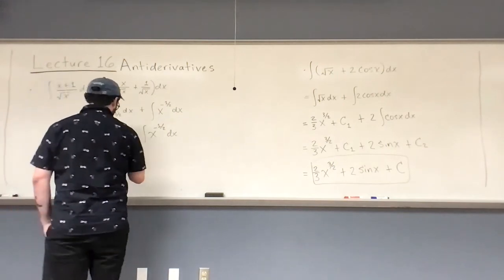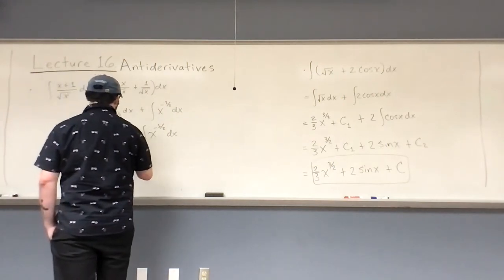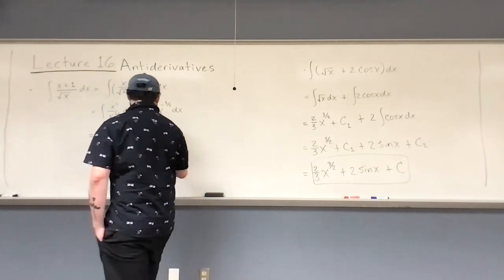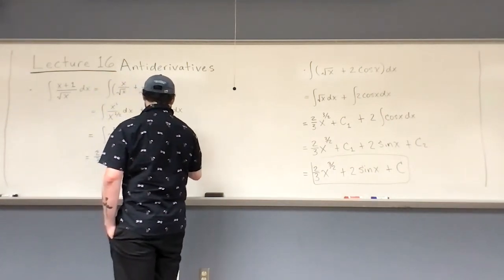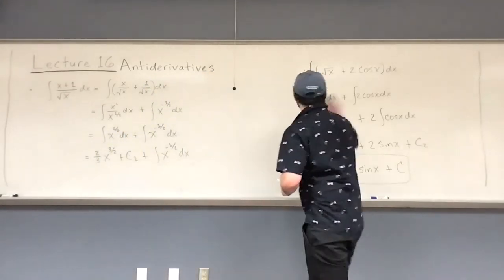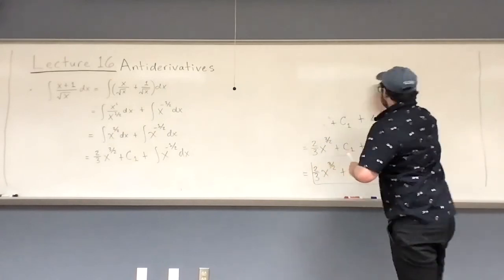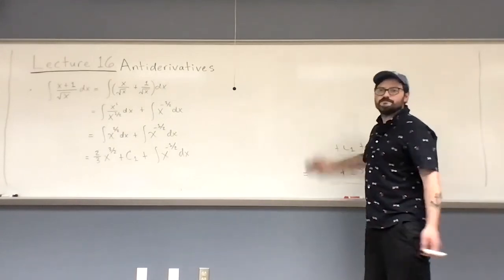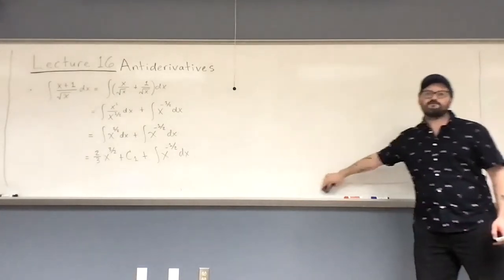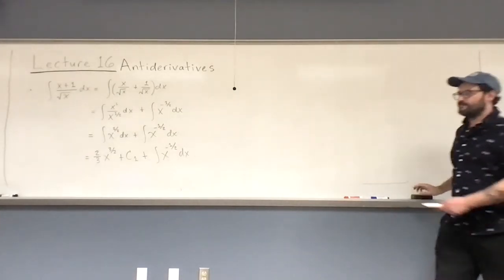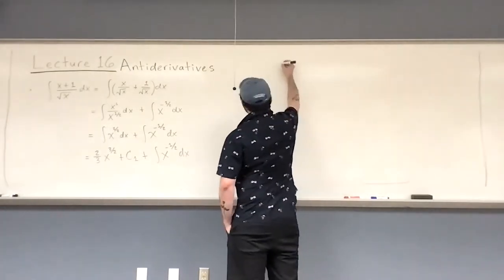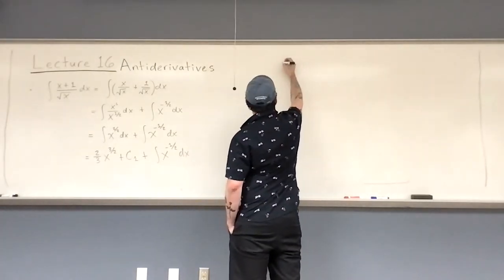I'm going to wait to put the constant. No, maybe I'll just put the constant now. We haven't done this one yet. x to the power negative 1/2. But we have a rule for that. The power rule of integration, basically. That's our n, right? So I'm just going to write it out up here to work it out on its own.